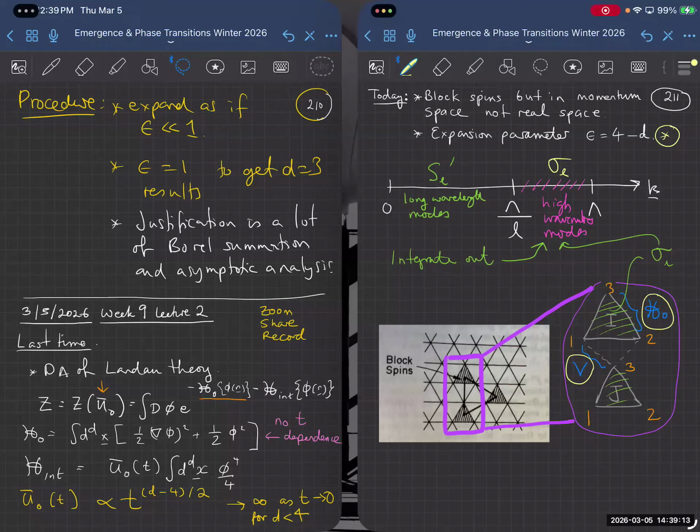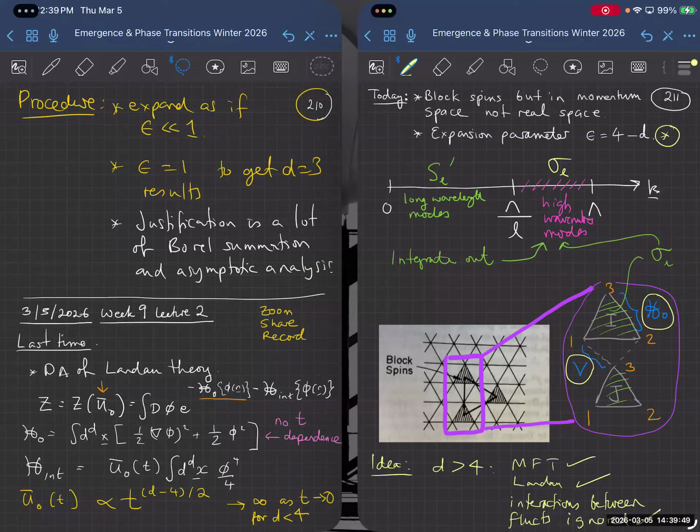So the basic idea that we're going to pursue is this. When we're in D greater than 4, we expect that mean field theory is okay, and that means that Landau theory is okay, and that means that the interactions between the fluctuations can be ignored.